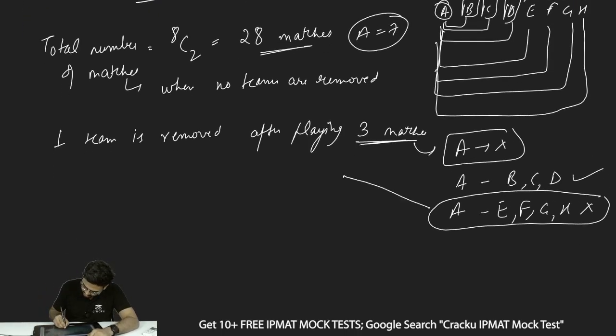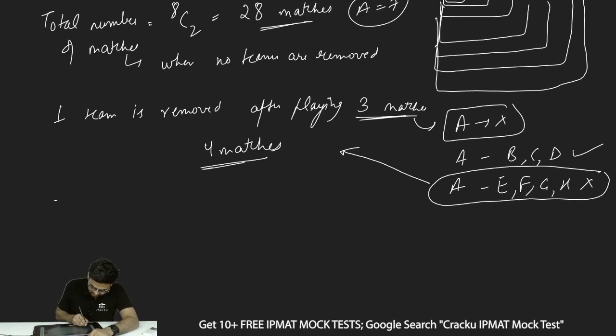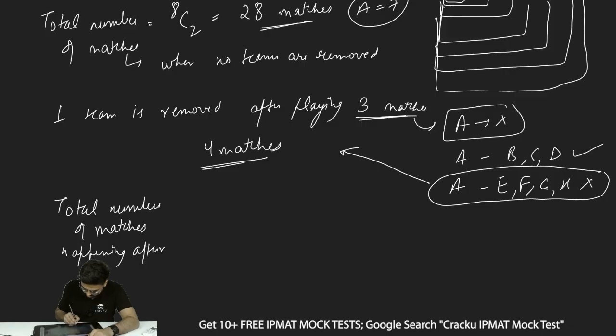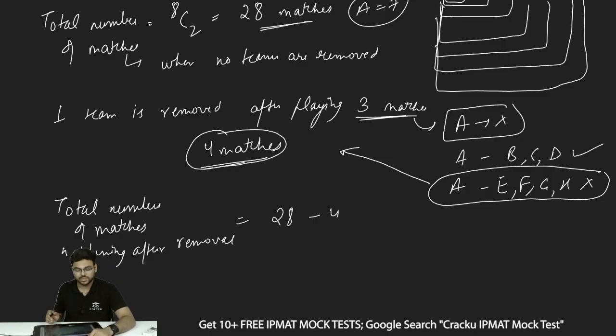So if A is removed after playing 3 matches, the 4 remaining matches of A, which are with E, F, G, H, will never happen. And thus the total number of matches happening that year, the matches after removal, will be equal to 28 matches minus those 4 matches which cannot happen because team A was removed.